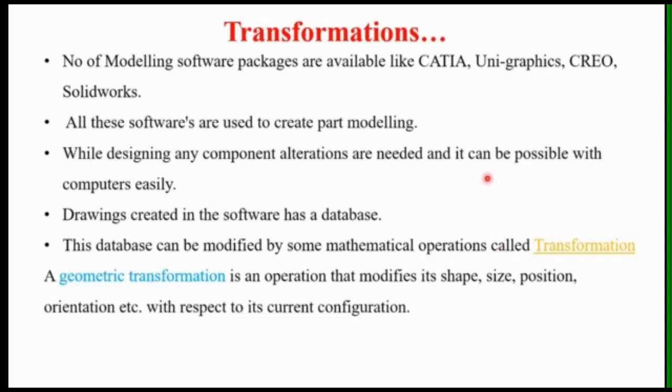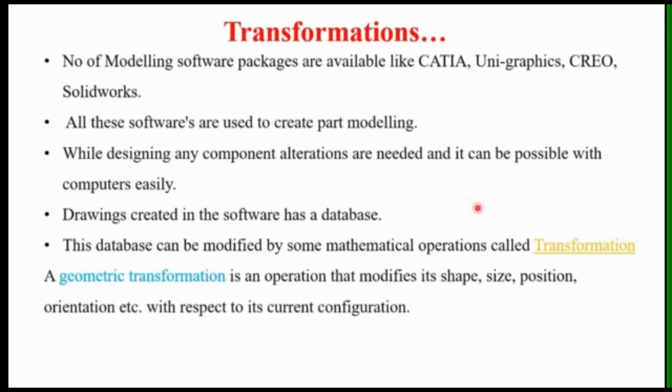Likewise, in CATIA, Unigraphics, Creo, SolidWorks, we can create a line, a rectangle, a circle or any other entities. We may want to shift that entity from one position to another, or copy that entity, or delete it, erase it, trim it.